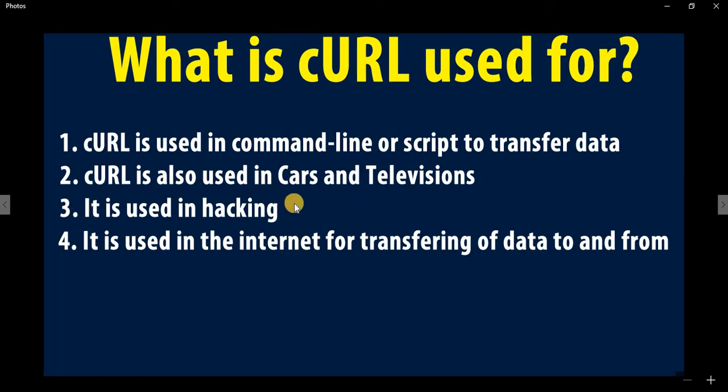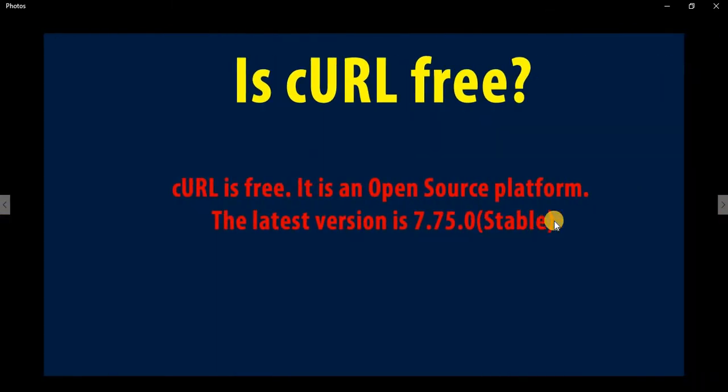The tool is actually very nice for hacking. And the fourth one is use on the internet for transferring your data to and from, which we have also mentioned before. So let's move to the next slide.